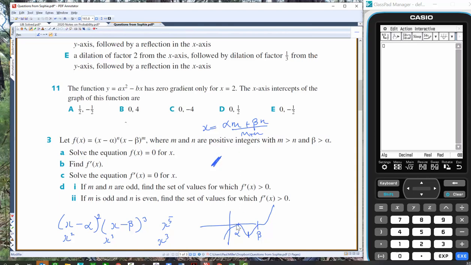What I'm suspecting is that all cases will be like this. We've got a positive gradient here, and we're going to get a positive gradient from here, not including this beta value.